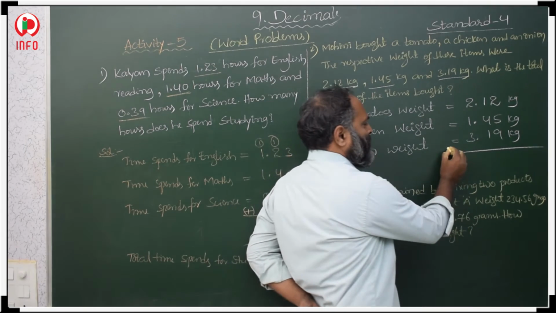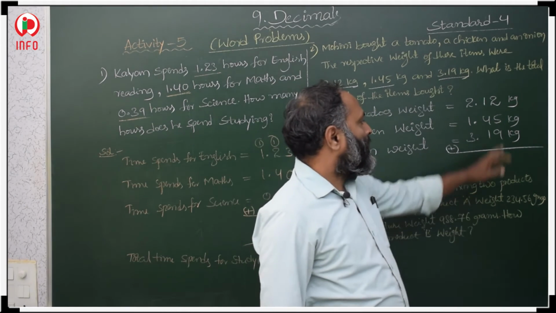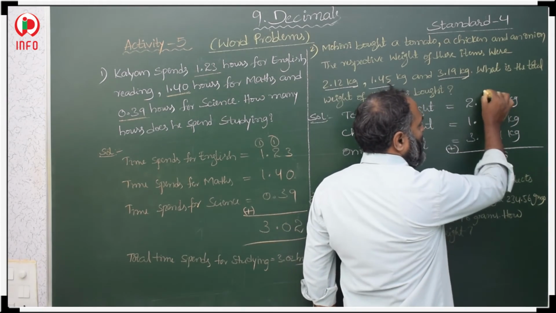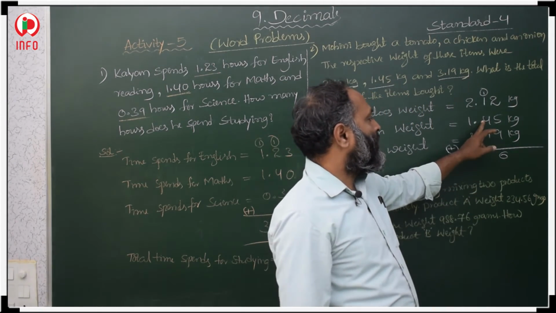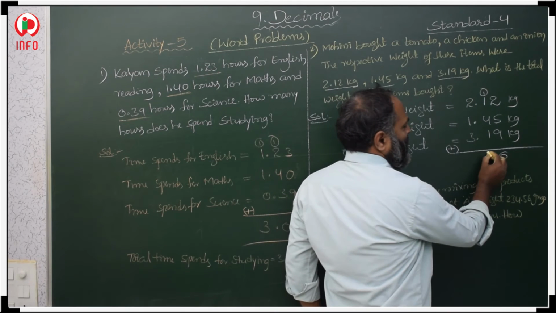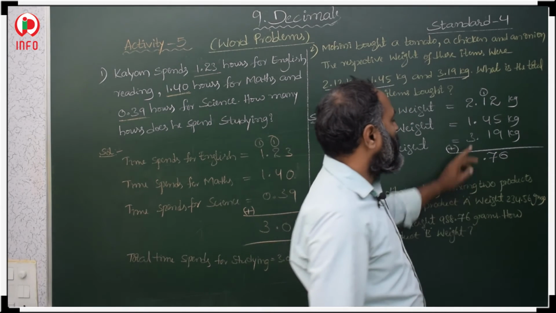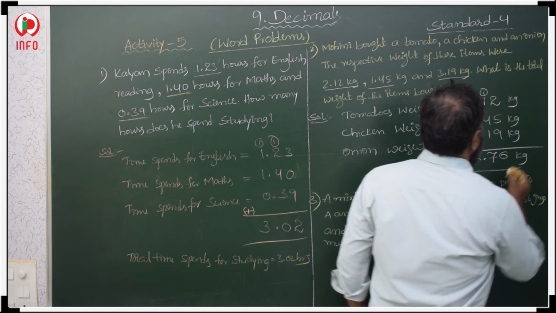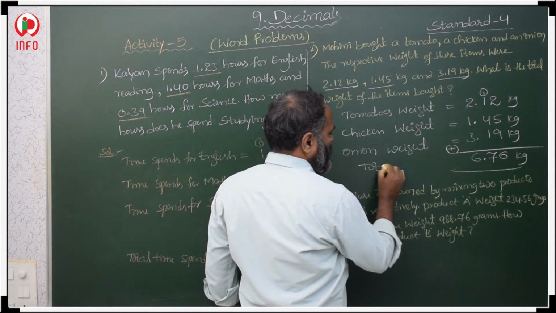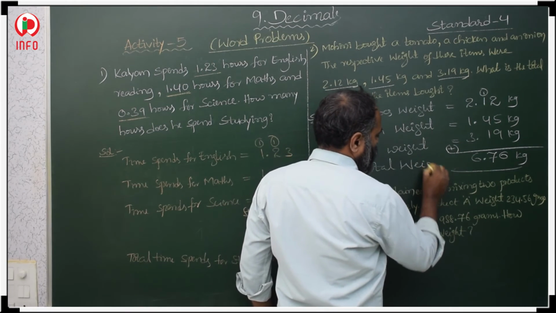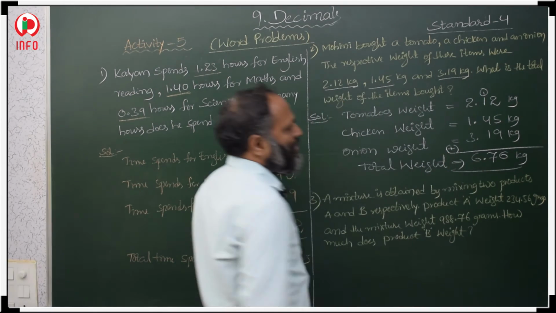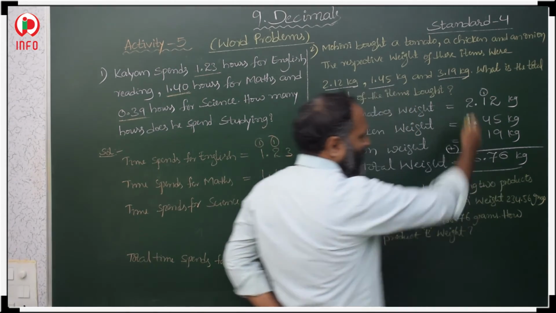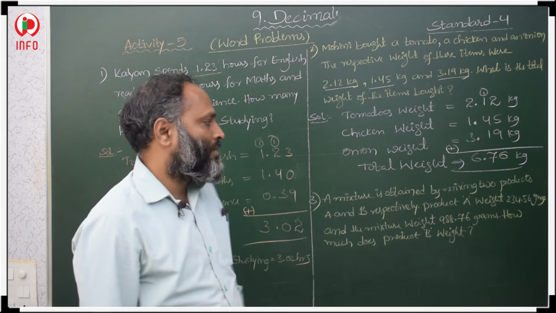Now add. 9 plus 5 is 14, plus 2 is 16, 6 and carry 1. 1 plus 4 is 5, plus 1 is 6, plus 1 is 7. 3 plus 1 is 4, plus 2 is 6. This many kgs is the total weight. This decimal we have to take exactly below, meaning in one column we have to write all the decimals.